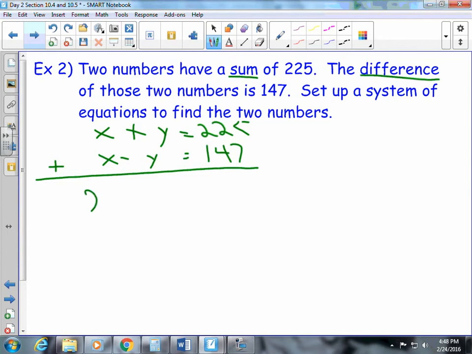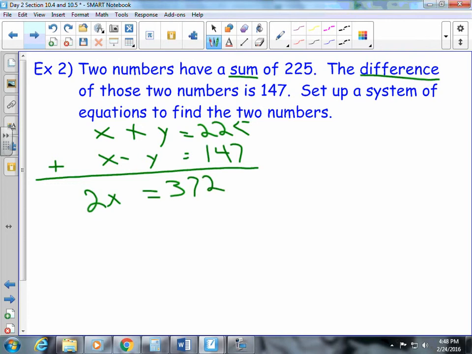X plus x is 2x. Y minus y cancels itself out. So I take 147 plus 225, and I end up with 372. Sorry, a little accident there.